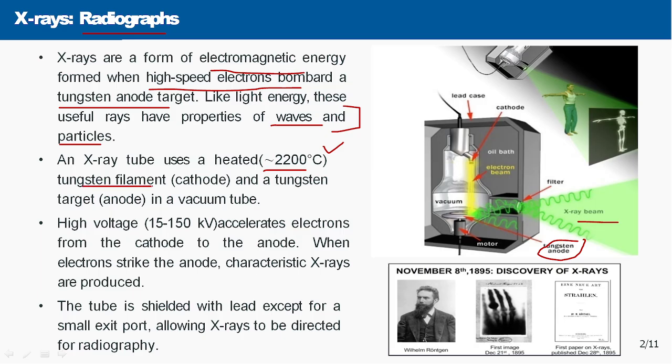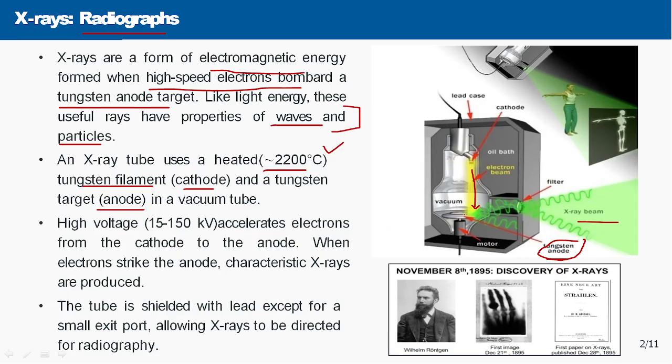Once the tungsten has been heated, the cathode starts emitting electrons, and those electrons travel through the vacuum and hit the target, that is your anode. This anode is also made of different metals, like in this case a tungsten anode.